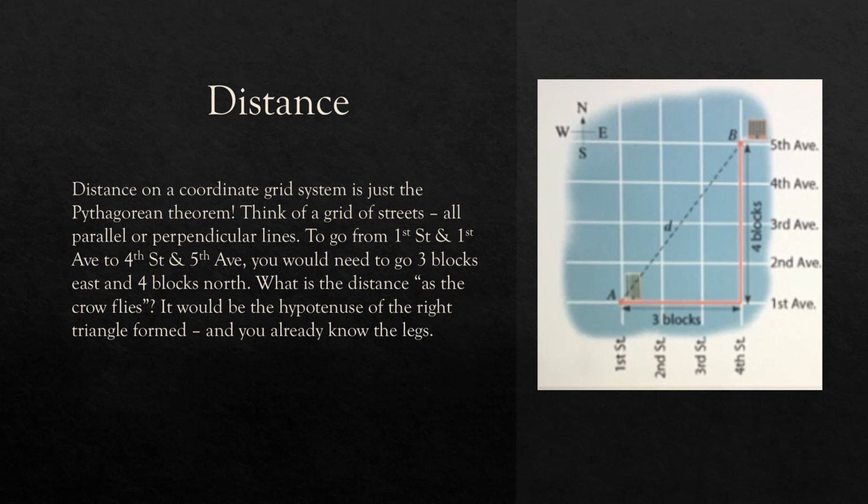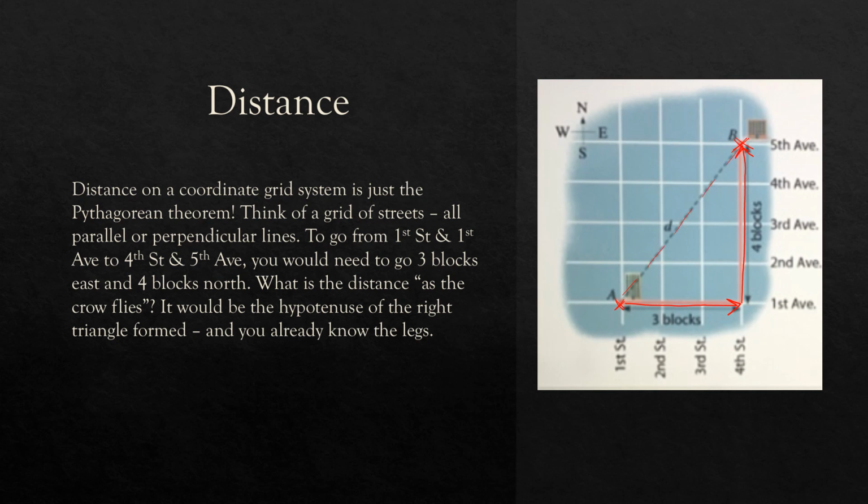To go from First Street and First Avenue to 4th Street and 5th Avenue, you would travel 3 blocks east and 4 blocks north. What is the distance as the crow flies, this dotted line here?